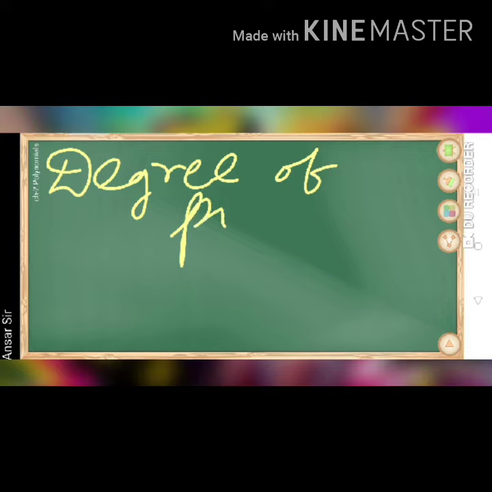Next, degree of a polynomial. The degree of a polynomial is the highest power or exponent of the variable.